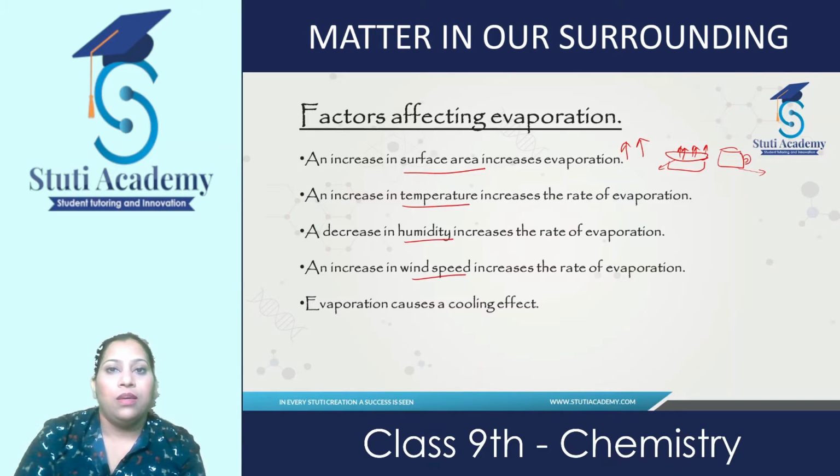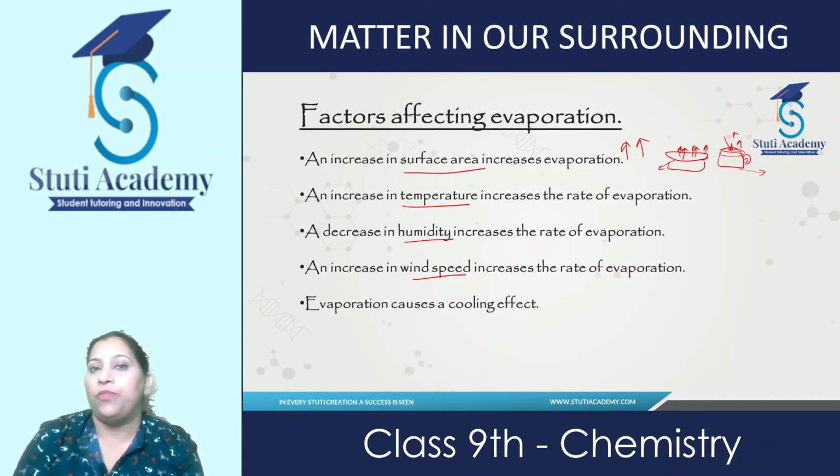While in a cup, due to less surface area, less liquid goes up in the vapor form and gives less cooling effect. Second factor is temperature. Temperature and evaporation are directly proportional to each other. If we increase temperature, the rate of evaporation also increases.